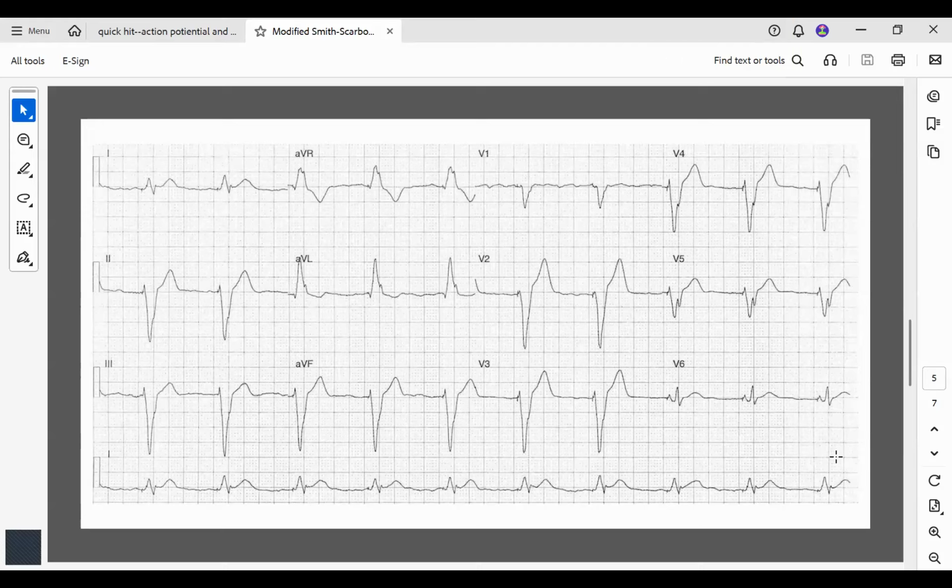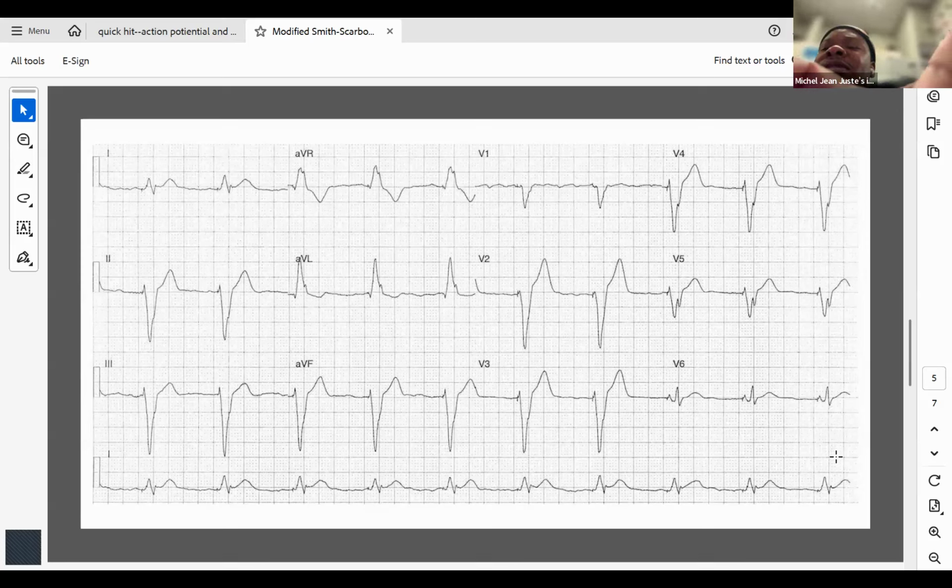When I blow it up and look at where the J point is, if it's discordant, it should be 25% of the preceding S wave. Yep, and it doesn't appear to be. It's only about 2 boxes, 2 millimeters. Based on that, it doesn't look like it's near 25% of the S wave. Okay.